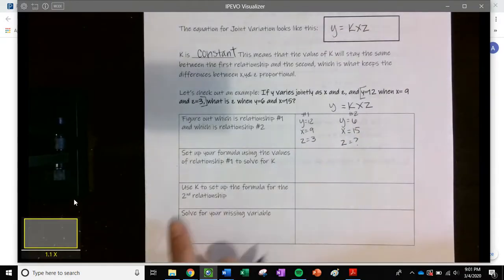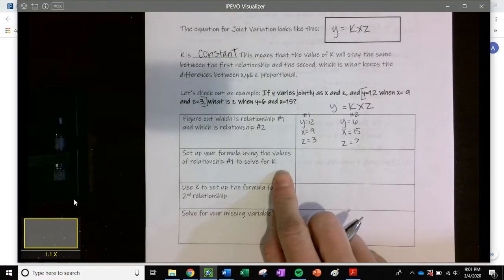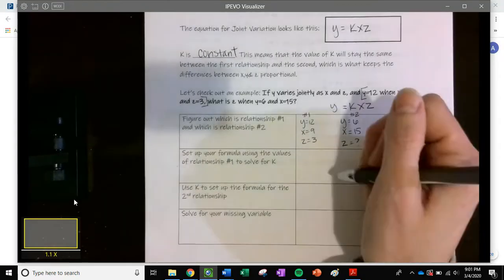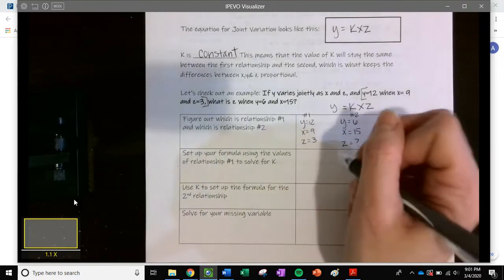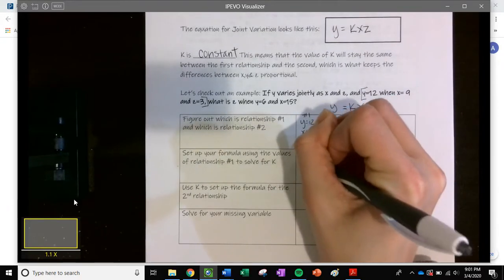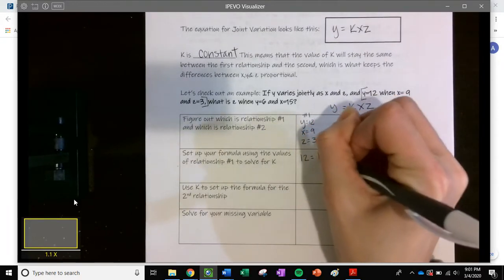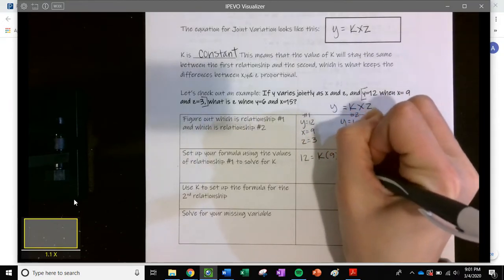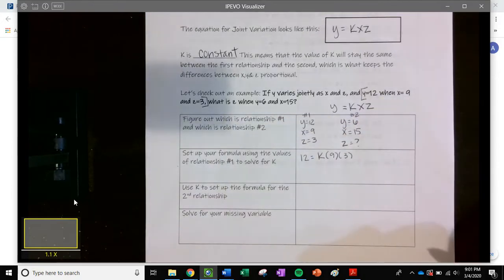All right, so let's set up our formula using the values of relationship number 1 to solve for k. Whatever we're solving for has to be the only unknown variable. So y is 12, k is unknown, x is 9, and z is 3.